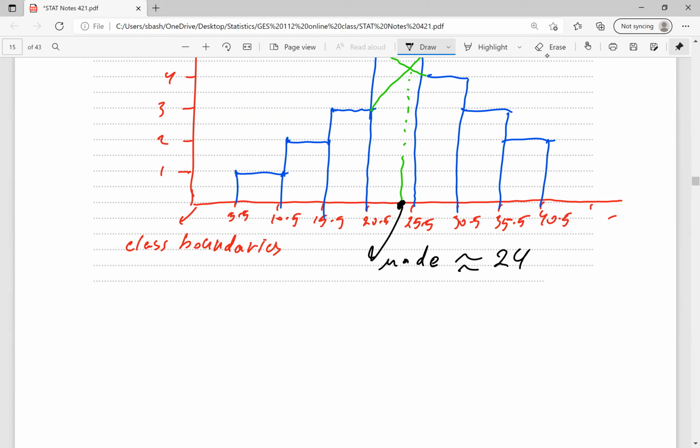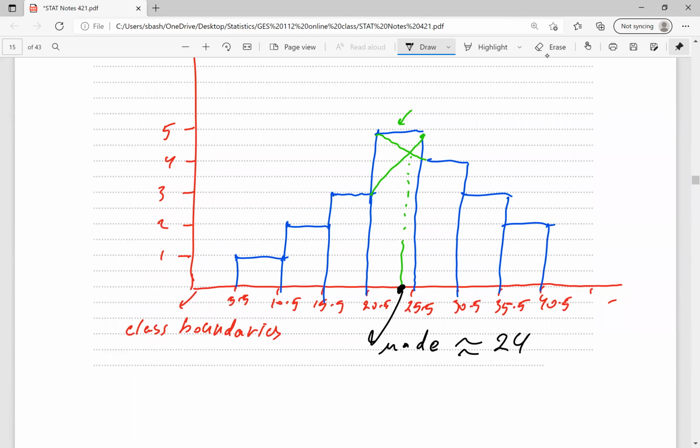Then we found the mode using the formula, which is L plus delta 1 divided by delta 1 plus delta 2 multiplied by the class width, W. And we found the mode using the histogram: construct the frequency bars, then draw a cross line between the corners of the highest bar and the two beside it, and look for the intersection point. Coming down to the x-axis, that will be the approximation of the mode.